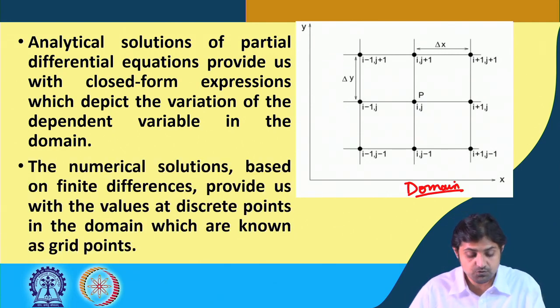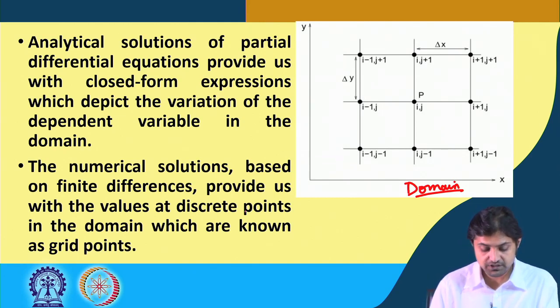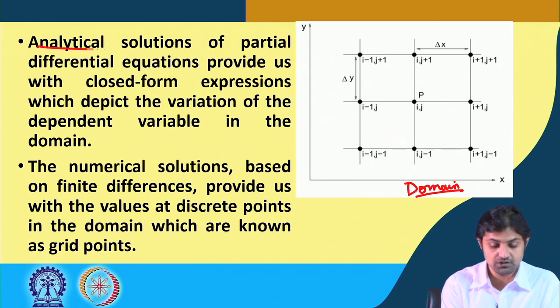And the numerical solution based on finite differences provides us with the values at discrete points in the domain, known at grid points. So, there is a difference between the analytical or mathematical solution and the numerical one. What does the analytical solution of the partial differential equation provide us?